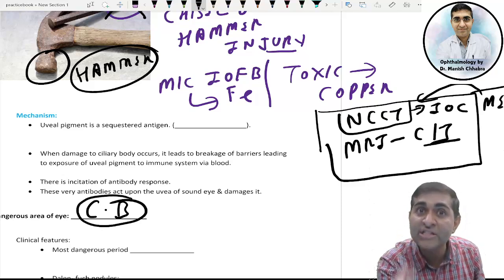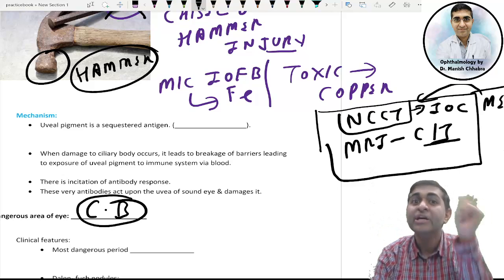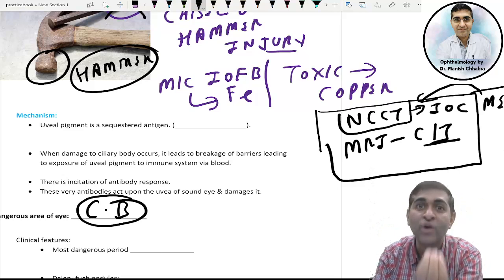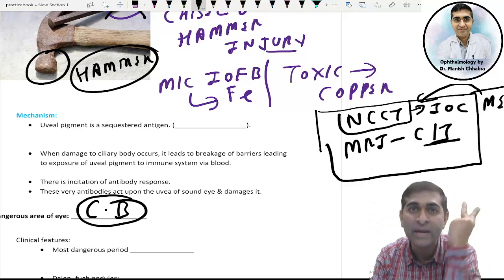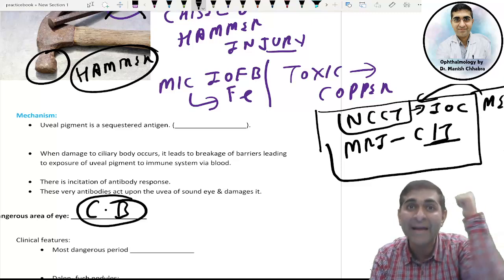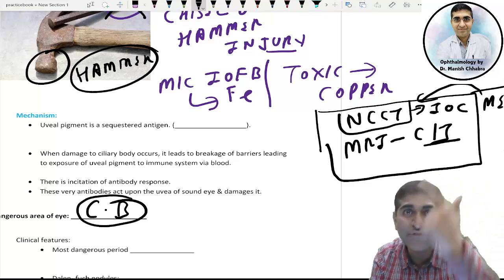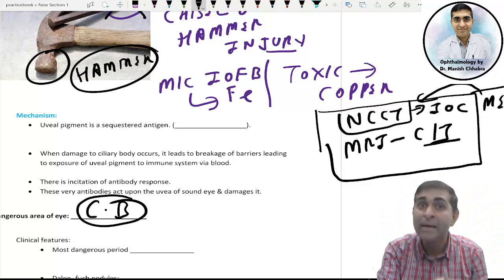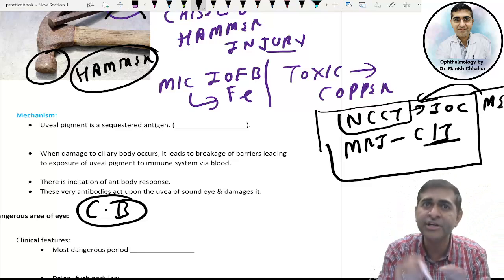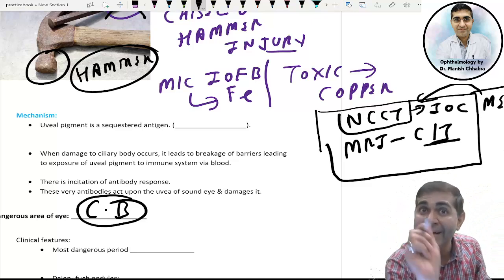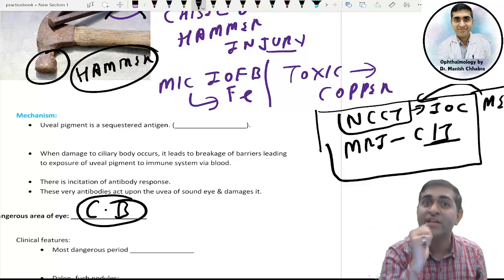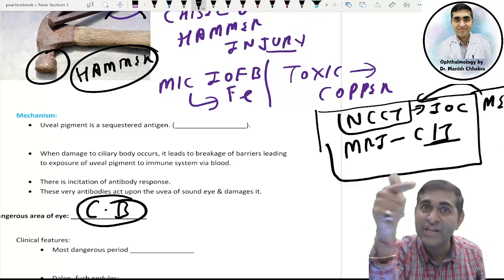Now injury, meaning a foreign body entering into the eye, can be of two types. One is your penetrating injury, another is your perforating injury. What is the difference? Penetrating is if there is only an entry point, perforating is where there is an entry point as well as an exit point.